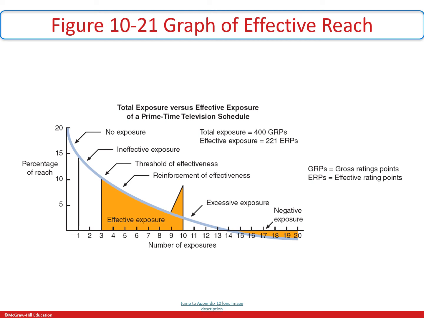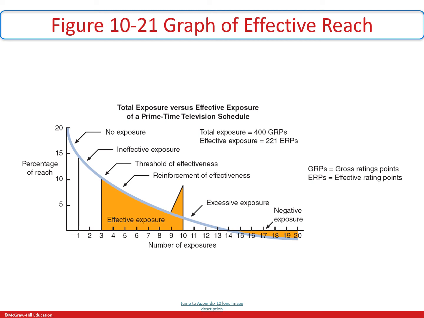The total exposure is 400 gross rating points here, whereas effective exposure is effective rating points, 221 ERPs. So look at this in terms of percentage of reach. You'll notice here that as the number of exposures increase, you get into the effective exposure range.